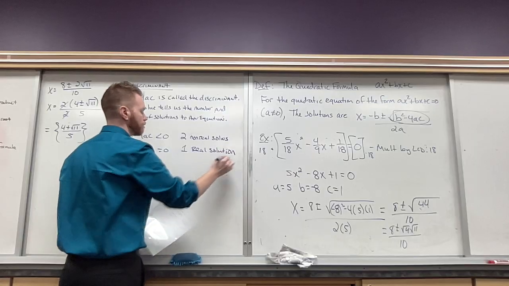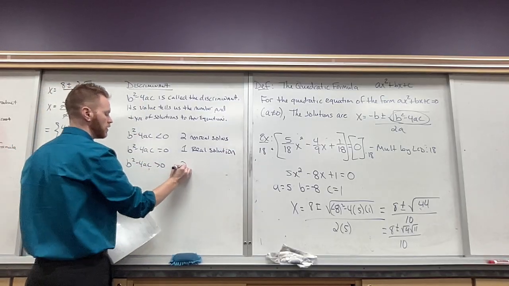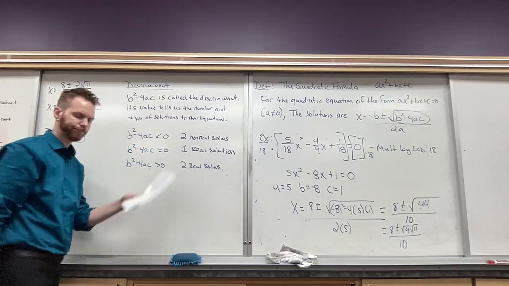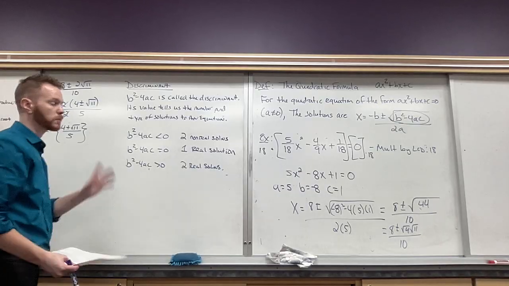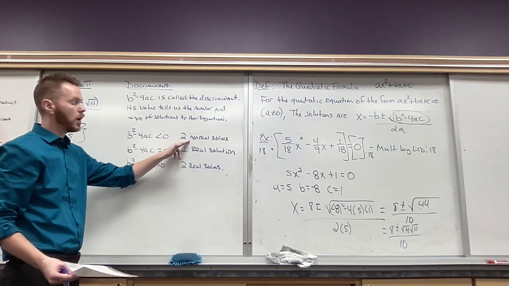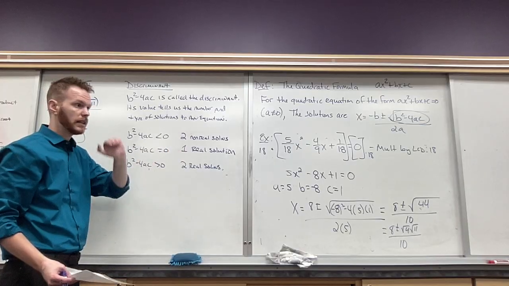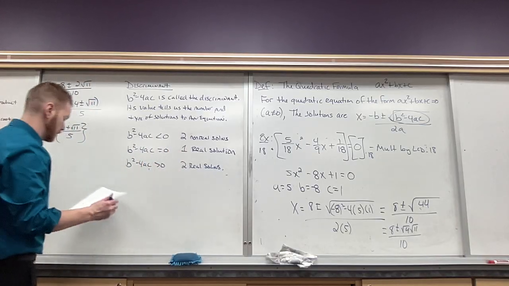And the last one, if it's positive, then you're going to have two real solutions, which we've seen in our prior examples. Now think about it in terms of graphs. If it's two non-real, then it's not hitting the x-axis. If it's one real, it's hitting the x-axis once, and two real, that parabola's hitting the x-axis twice.